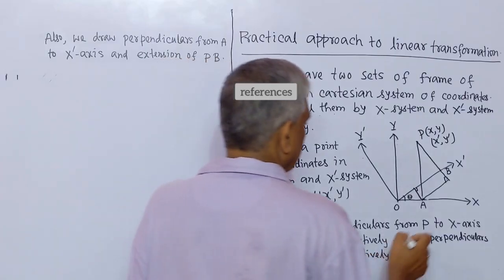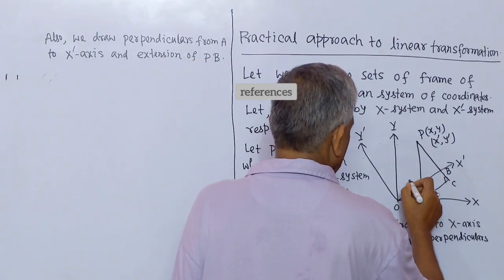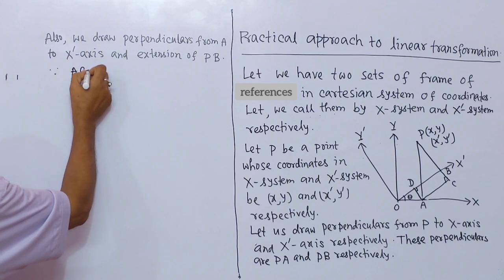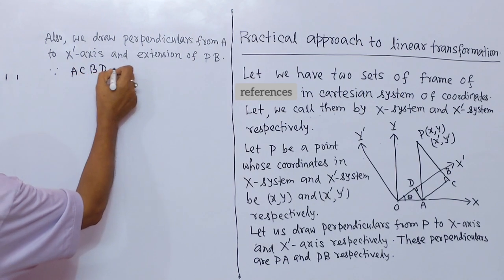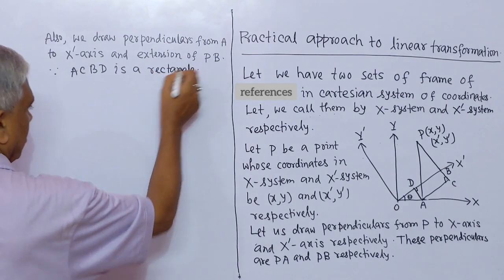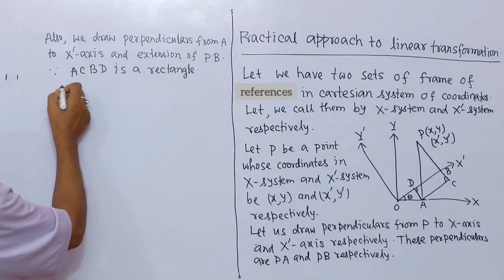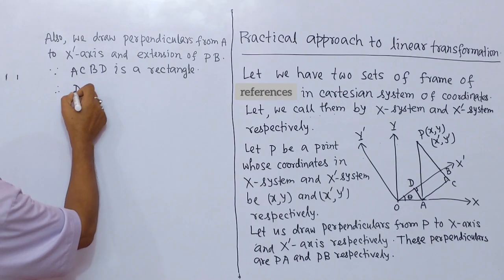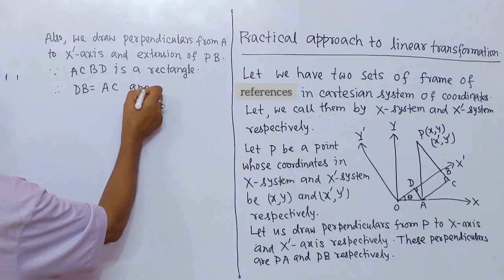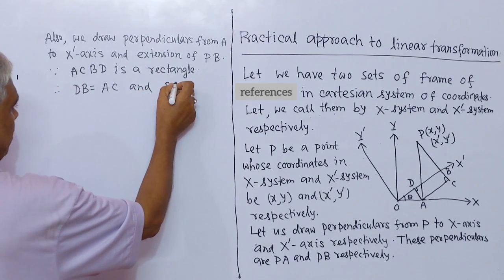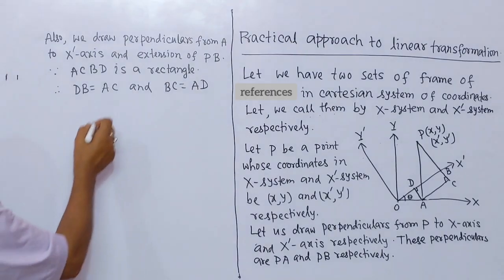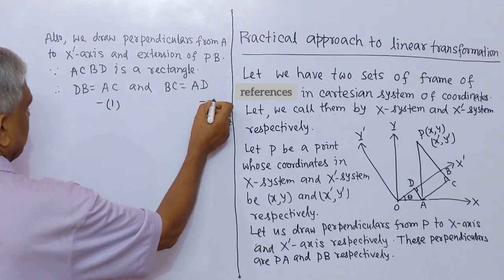Let this be C and this be D. Since ACBD is a rectangle, therefore DB equals AC and BC equals AD. Let this be number 1, this be number 2.